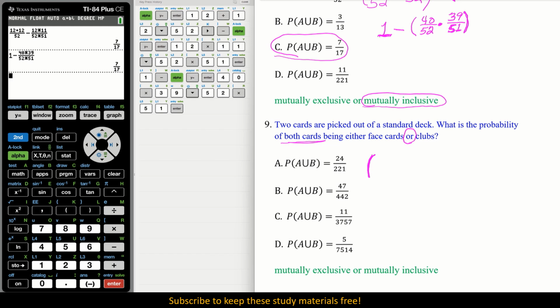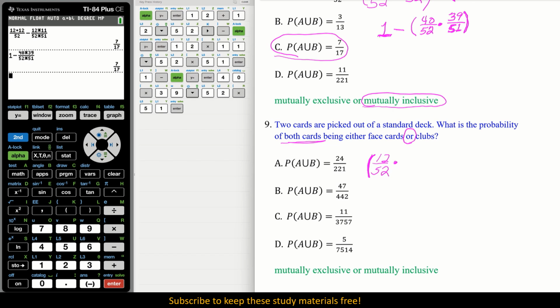And when you draw cards out and we're looking at both of them at the same time, we are not replacing, which is an assumption, but it's a reasonable assumption in this situation. So we have 12 over 52 because there's 12 face cards.